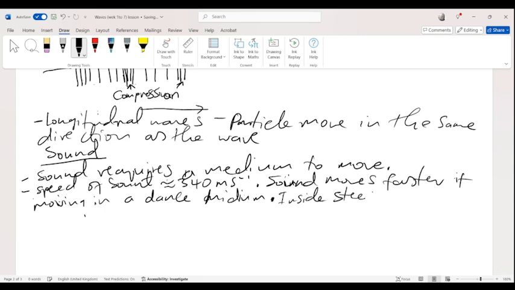Inside the steel, it will move faster than in water.